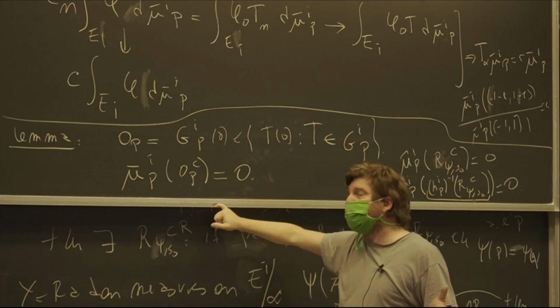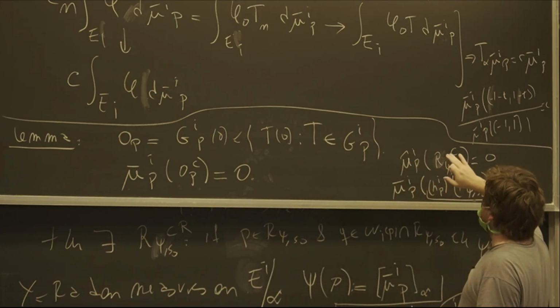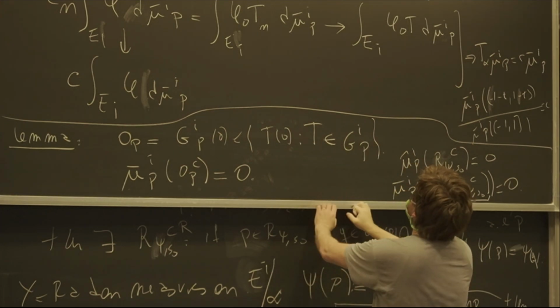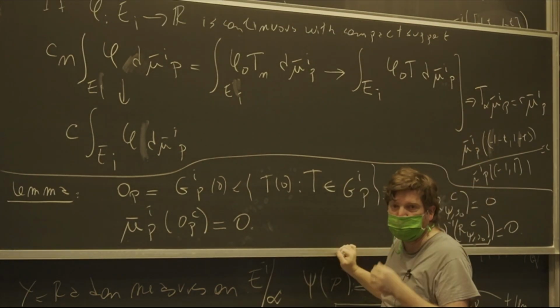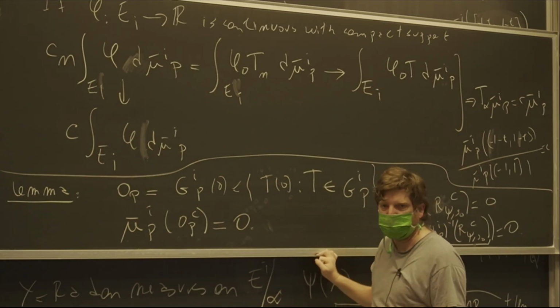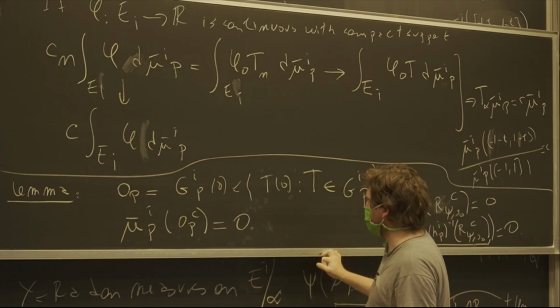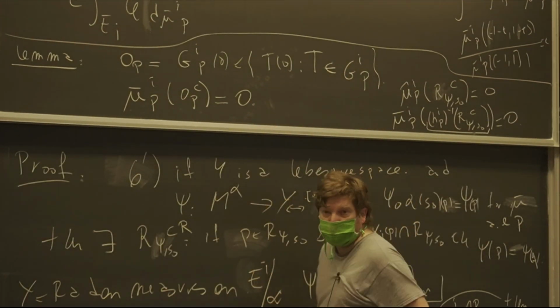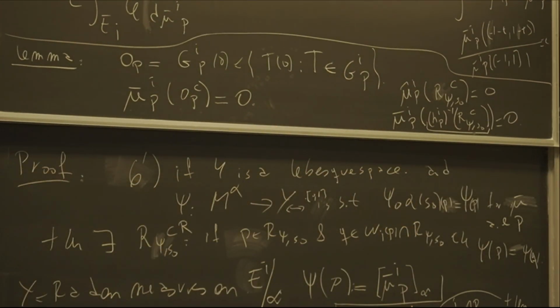That requires some work, but I will do it later, because I don't have an equality for the definition. I have this symbol for the definition, so it's not translation invariant measure, it's measures which are almost translation invariant. So we will do it soon. You see that we are really very close to what we want.